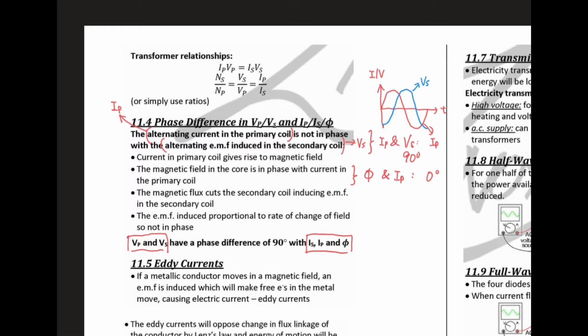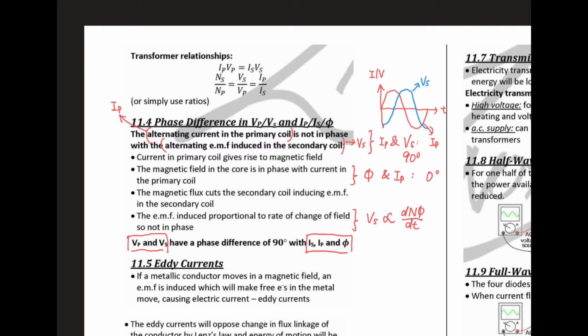So let's say I give one example here. This point is about Faraday's Law. EMF induced, Vs, is proportional to the rate of change of field, d phi over dt.